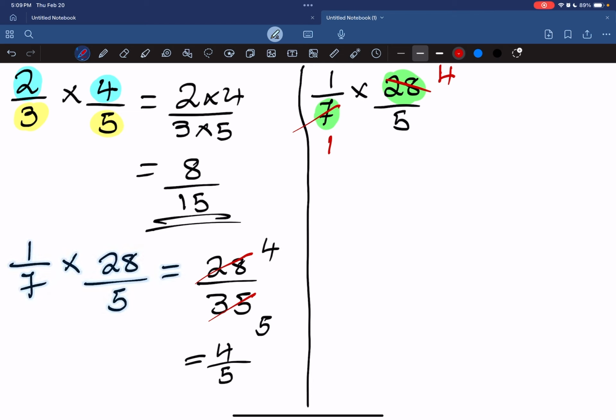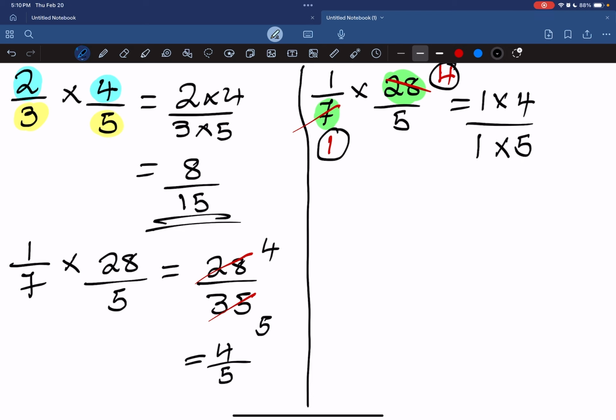So this new numerator that I now have is a 4. It's no longer 28 because I've broken it down. And this denominator down here is now a 1. Because I've now simplified everything that I needed, when I'm doing my multiplication, I'm going to multiply the 1 times the new numerator, which is the 4, and for the denominator, I'm going to multiply a 1 times the 5.